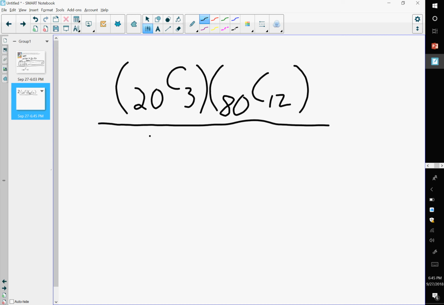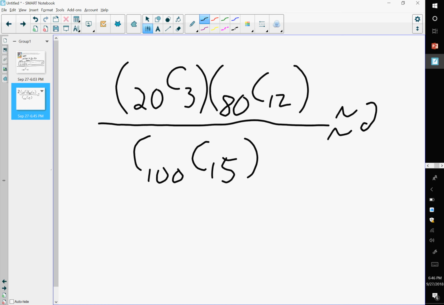And then that's going to be all over 100 choose 15, because we are trying to find out how many possible combinations of 15 unicorns there are. Now from here you can plug this straight into your calculator and you will get some percentage. I think I got about 27.1%. If you want to, we can set this up further though, and I can show you how it breaks down.